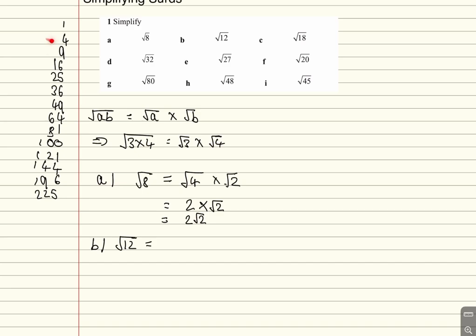So we go back to 4. 4 does go into 12. So I've got the square root of 4, and then what do I times 4 by to get 12? That's 3. So I've got root 4 times root 3. The square root of 4 is 2, so I've got 2 root 3.